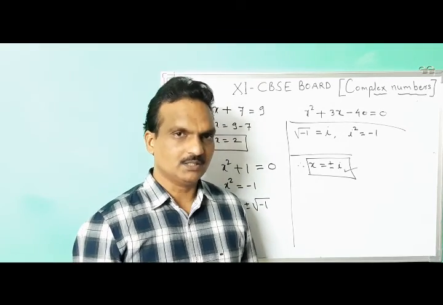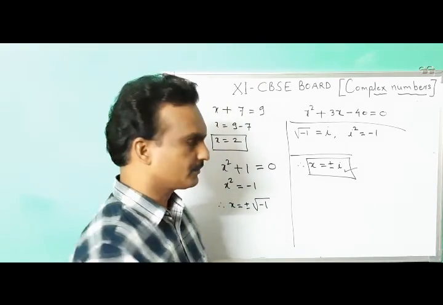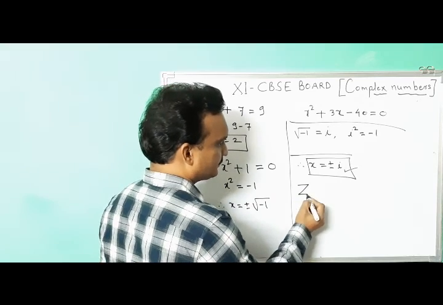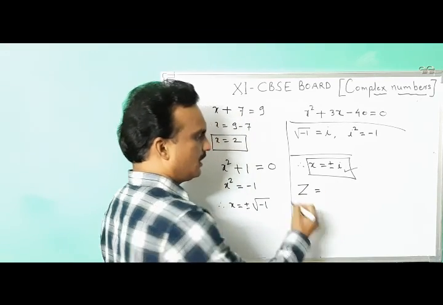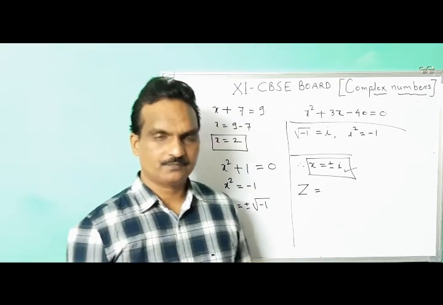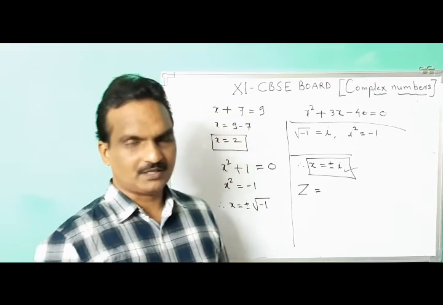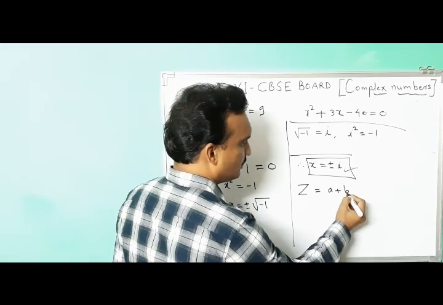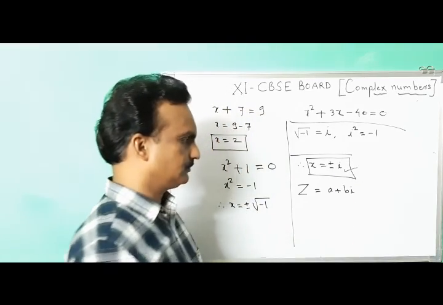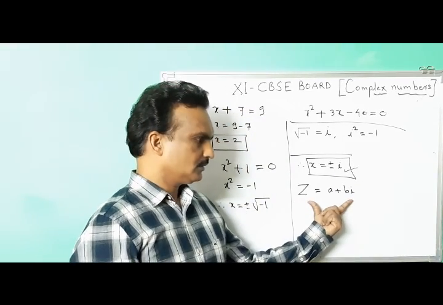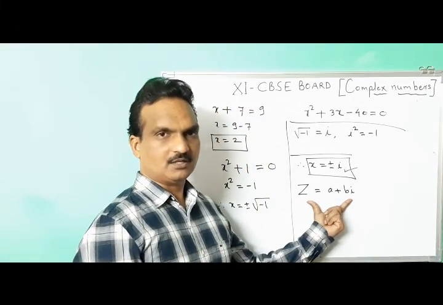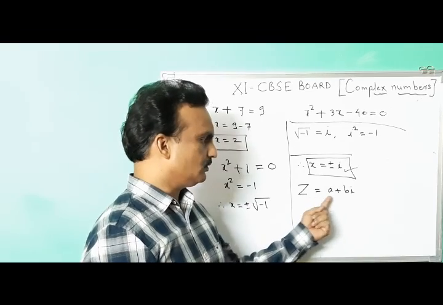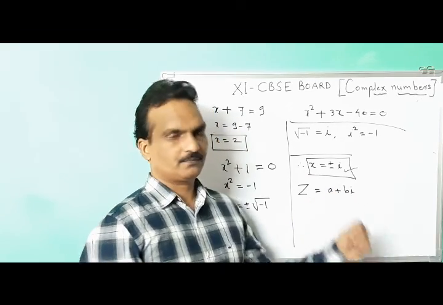The complex numbers are denoted by z. This z we can write as a plus bi. Complex number we will write in the form of z is equal to a plus bi.